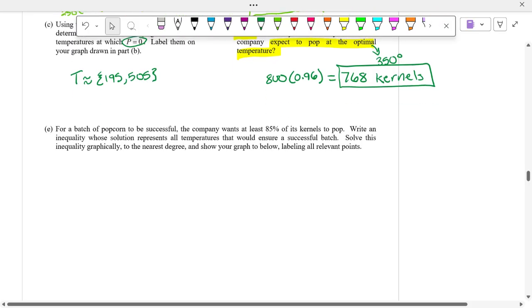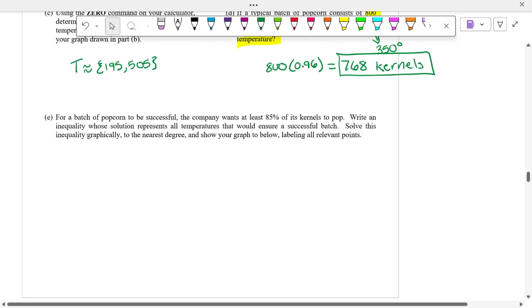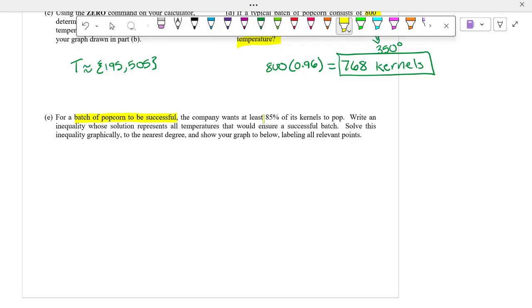Now, last part. For each batch of popcorn to be successful, the company wants at least 85% of the kernels to pop. So we're going to write an inequality whose solution represents all the temperatures that ensure we have a successful batch, and we're going to solve this graphically to the nearest degree.